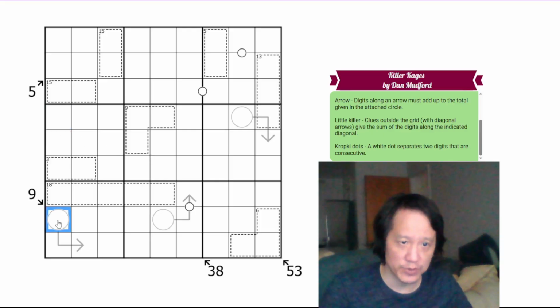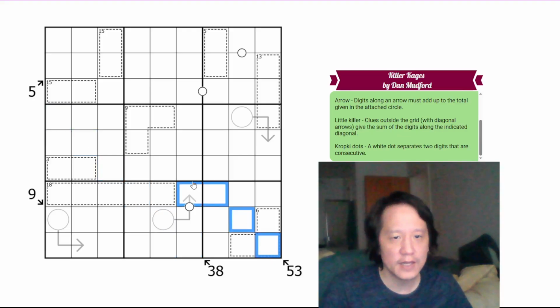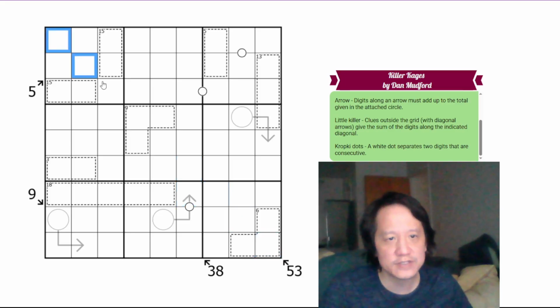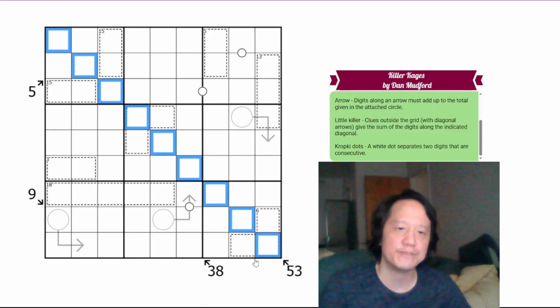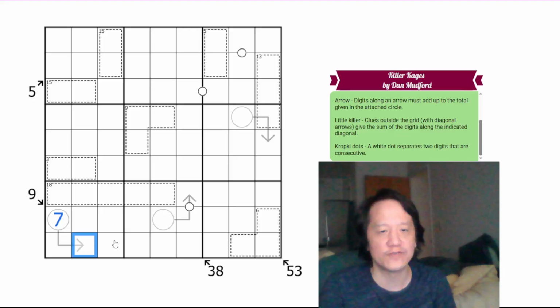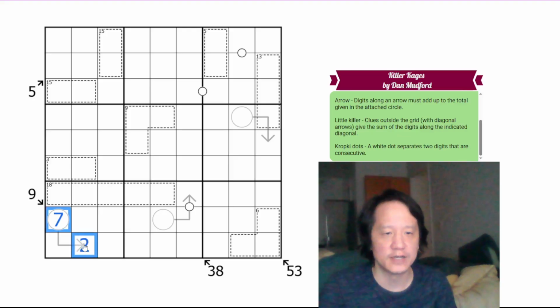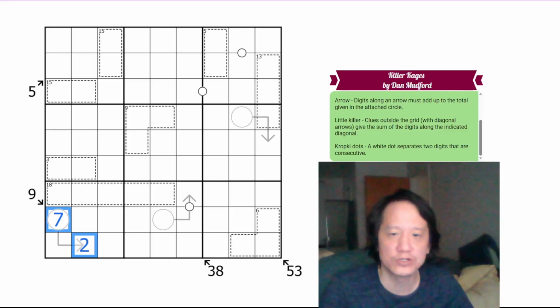So, for example, these two digits must add up to 9, these two must add up to 5, these 6 digits here must add up to 38, and these 9 digits here must add up to 53. As an example, if this were, say, a 7, this would have to be 2 to add up to 9 because these two digits must add up to 9 because of the little killer clue. And that's an example of how little killer works.